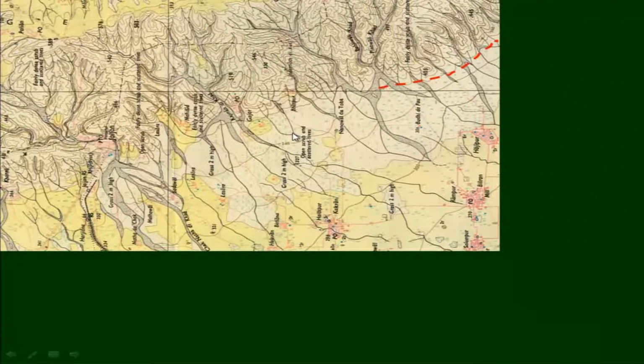If you look at the boundary marked here, this portion, the bold line, indicates the active fault, whereas this one is indicative of the inferred fault lines, and this marks the contact between the sub-Himalayas and the Indo-Gangetic plain.